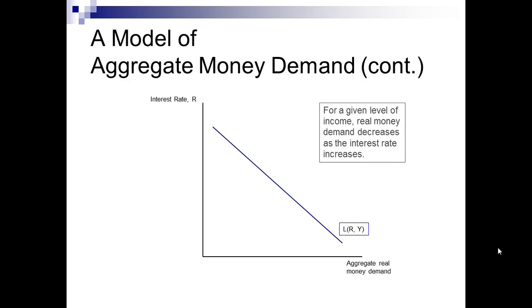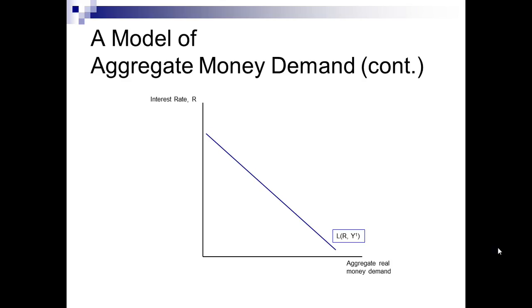Let's suppose that we start at an interest rate of R1. At this interest rate, the economy demands the quantity L1 of cash. If the interest rate increases to R2, we should expect our demand for liquidity to decrease, which it does, to L2.